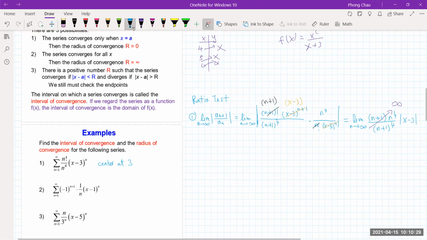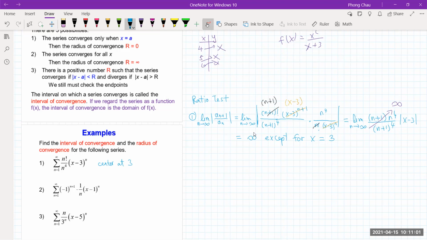And therefore, the limit that we just calculated is infinity, except for x equals 3. So it will be infinity as long as x is not 3.